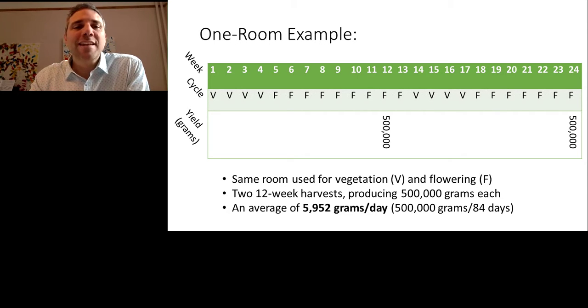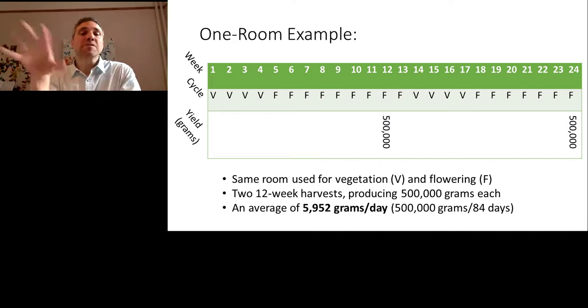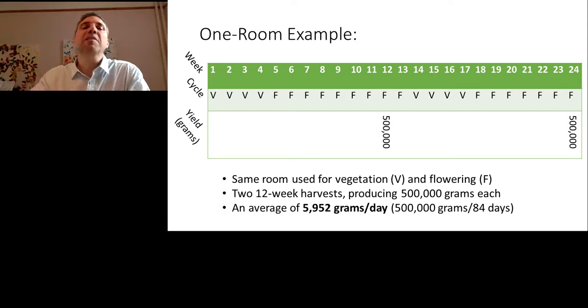Then at the end of week 4, the grower switches the light cycle from, say, 18 hours on and 6 hours off to 12 hours on, 12 hours off, simulating fall conditions. So the plant switches into a flowering cycle, and you see that flowering cycle lasts an additional 8 weeks.